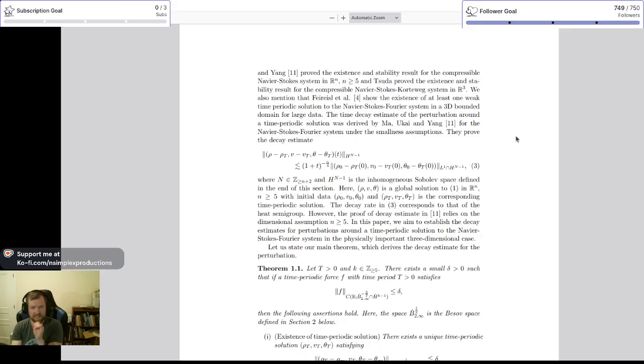It must be less than or approximately equal to (1 plus t) raised to the negative n over 4 times the magnitude of the differences of the initial pressure, velocity, and temperature compared to its time periodic solution at 0.